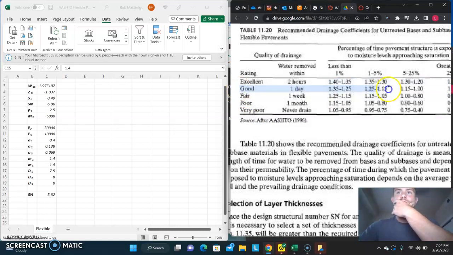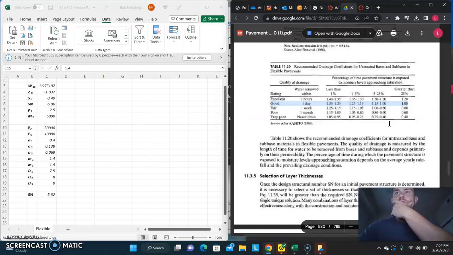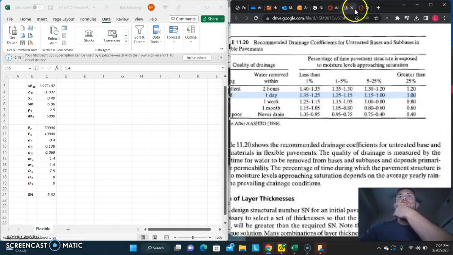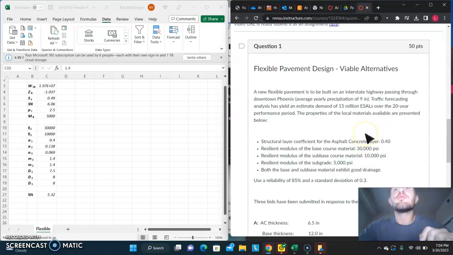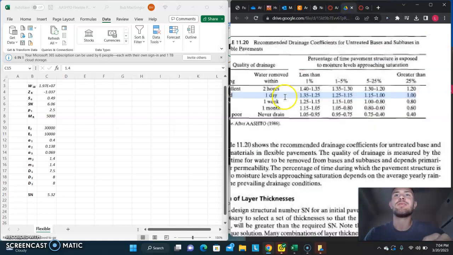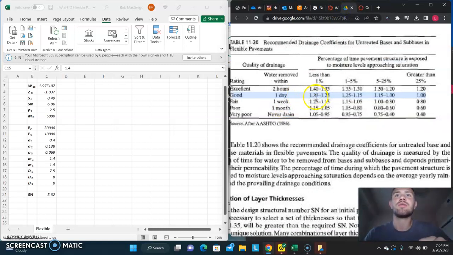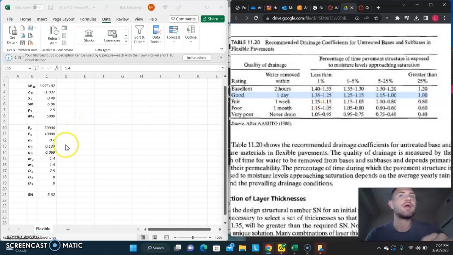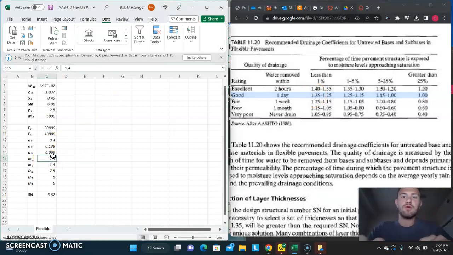Good. So if it's being built in Phoenix, my hometown, we don't get any rain. So I would say less than 1%, so maybe closer to like 1.3 or 1.35.